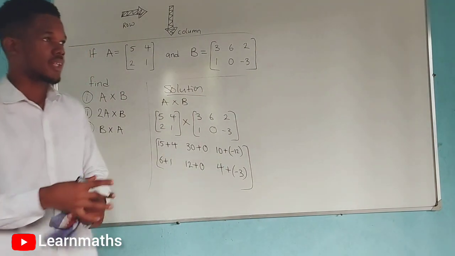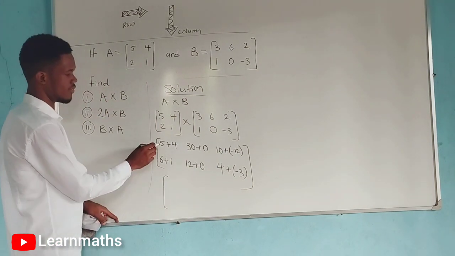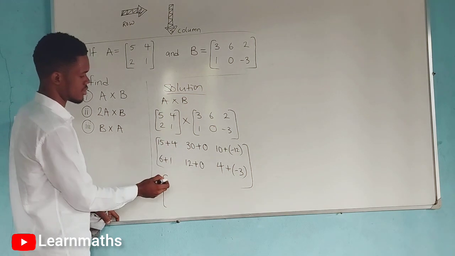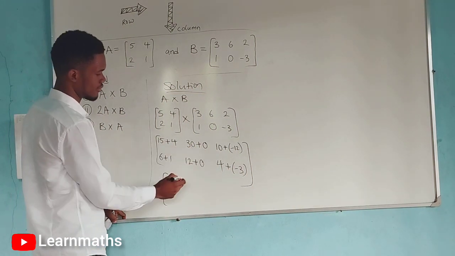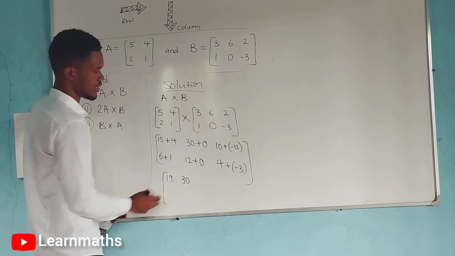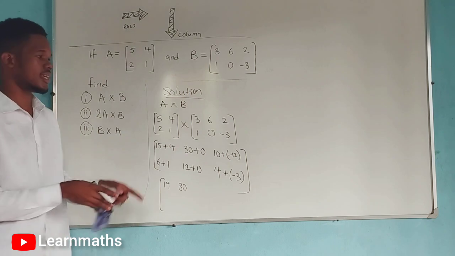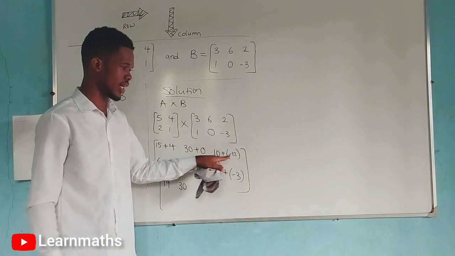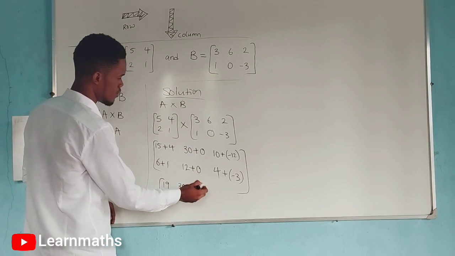So let's put all the answers together. Let's add up everything and get the final matrix. This is going to be 15 plus 4, which is 19, 30 plus 0, which is 30, 10 plus negative 12. That's like saying 10 minus 12, so the answer is going to be negative 2.